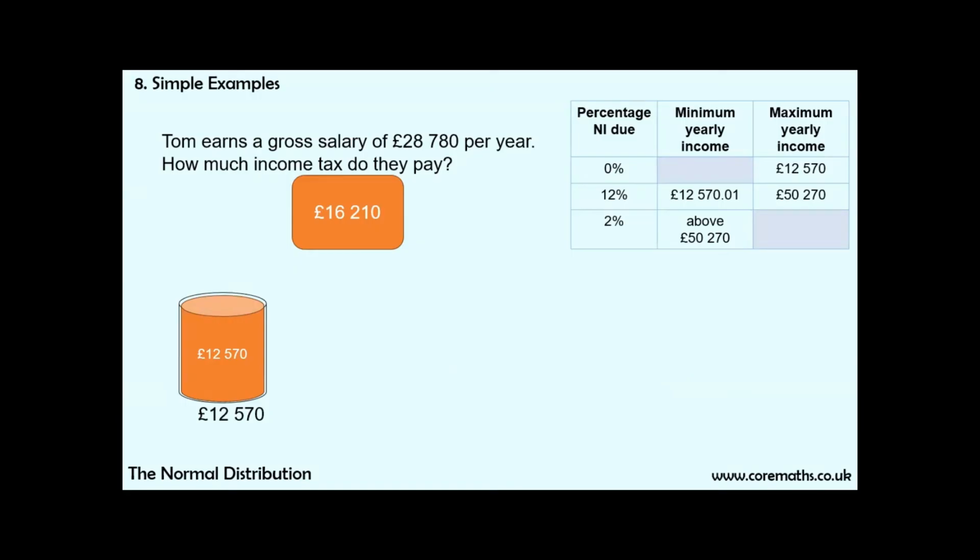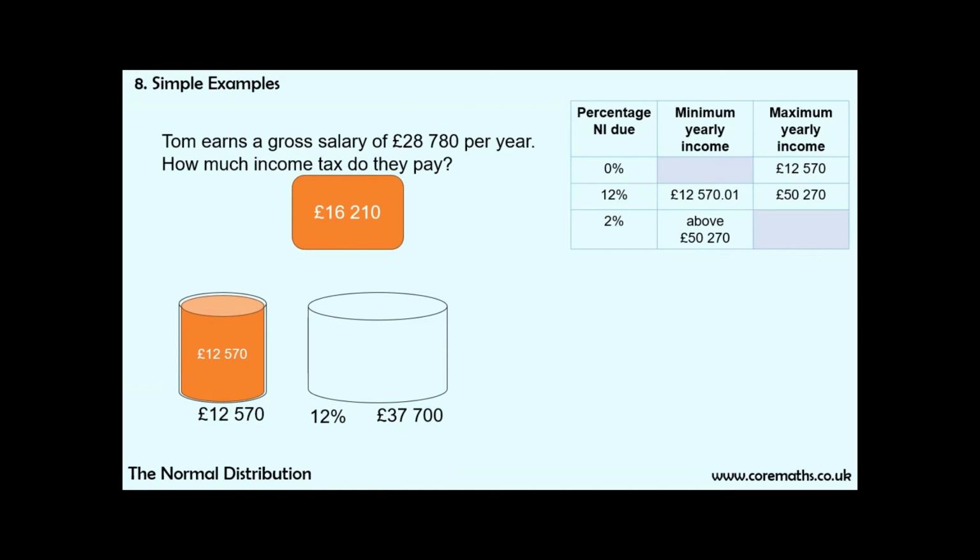Enough that it spills into the 12% bracket. The 12% bracket's a little bit bigger. That 37,700 comes from the maximum amount you can get 12% for, 50,270, minus the maximum for 0%, 12,570. If you subtract those, you get 37,700.